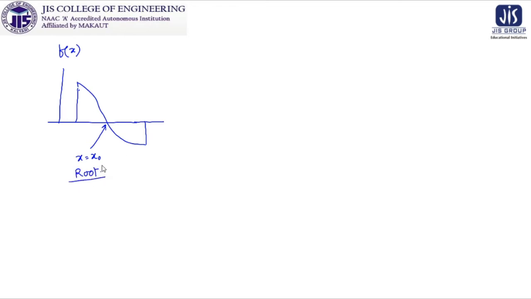Suppose we have one equation f(x). In the graphical representation, if the function looks like this, then by dropping a perpendicular over here and dropping a perpendicular over here, we get this point, x equal to, suppose, x0, which is the desired root of the function.